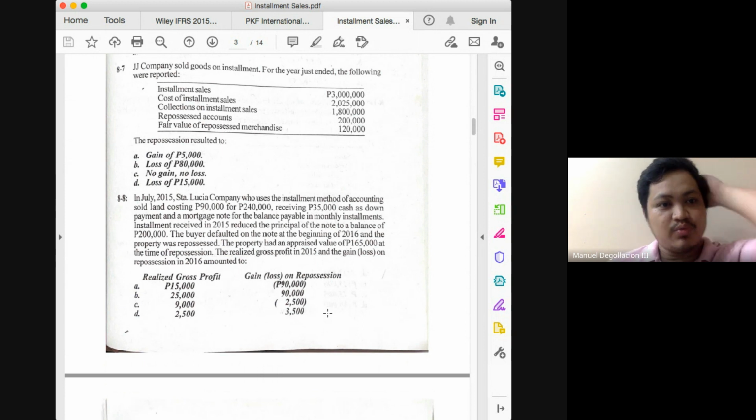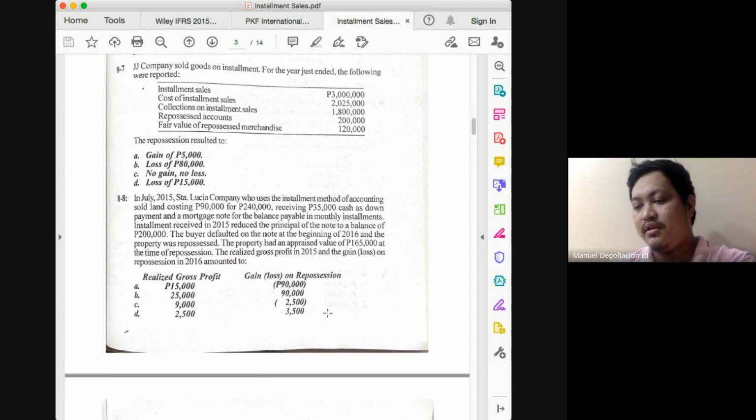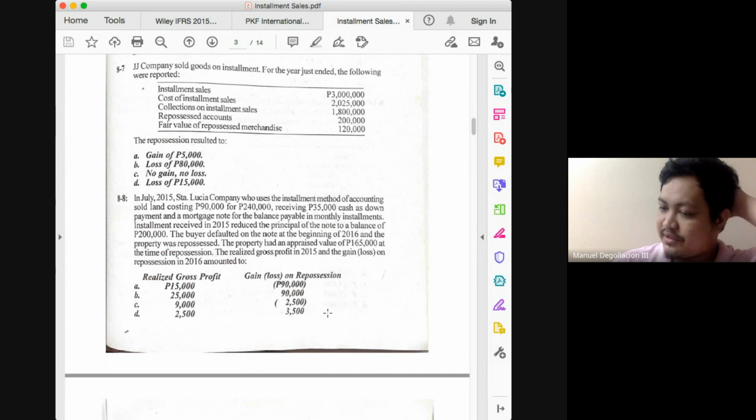What was sold was land, and the cost is 90,000, and the selling price is 240. So 90,000 divided by 240 will give you 37.5%. That means the cost ratio is 37.5%, while the gross profit rate is 62.5%. Okay, be careful. In this case, the gross profit rate is significantly greater than the cost ratio. Normally, in the problems we've encountered, it's the cost ratio that is greater than the gross profit rate.